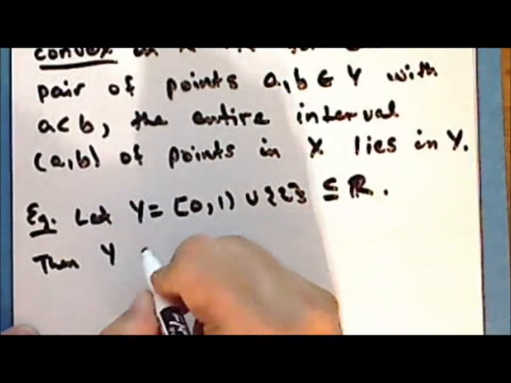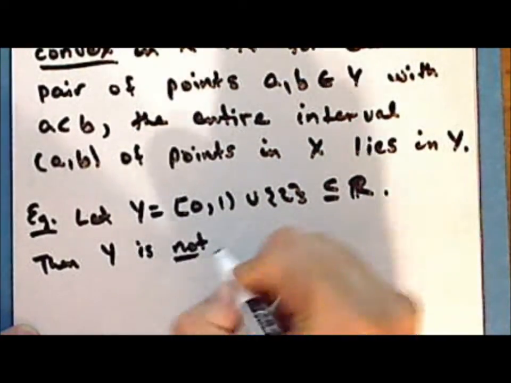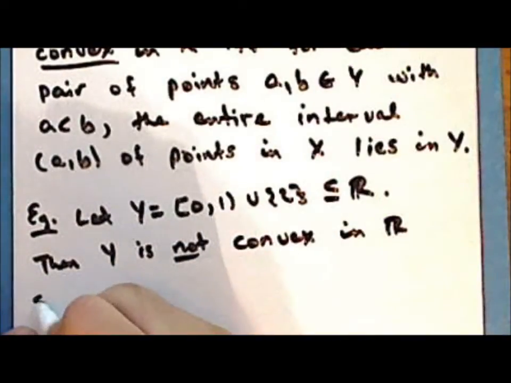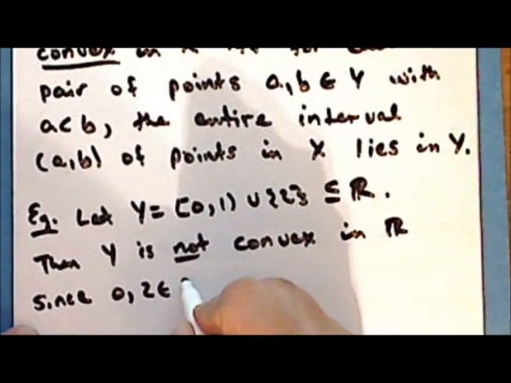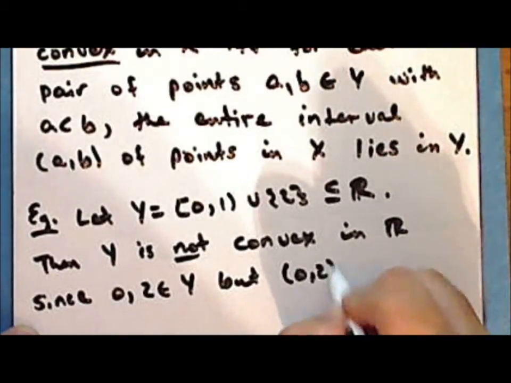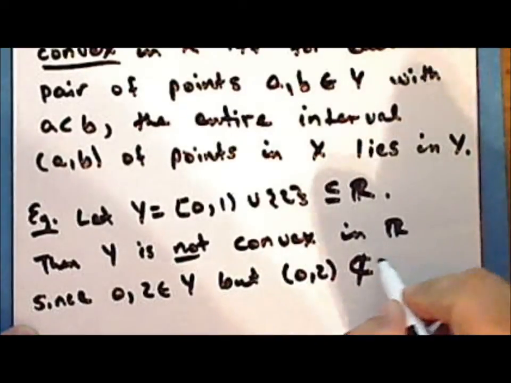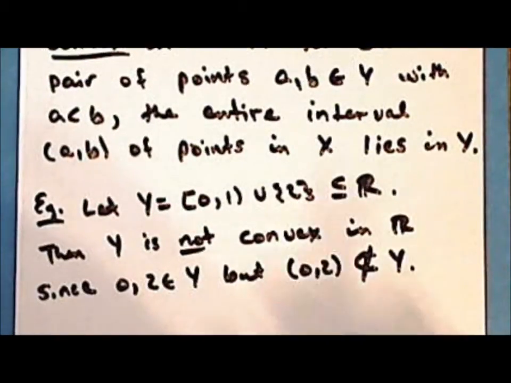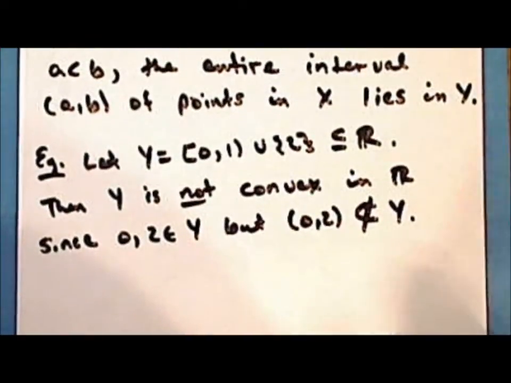Then the set Y is not convex in the reals, since 0 and 2 are points in the set Y, but the open interval from 0 to 2 is not contained in Y, and this is an example of a subset of the reals for which the order topology on Y is not the same as the topology Y inherits as a subspace of the reals.